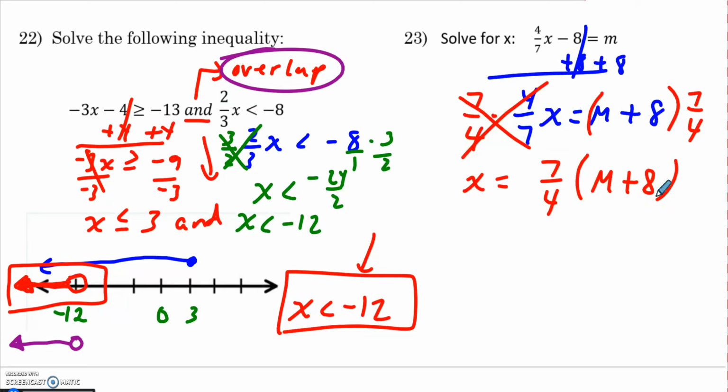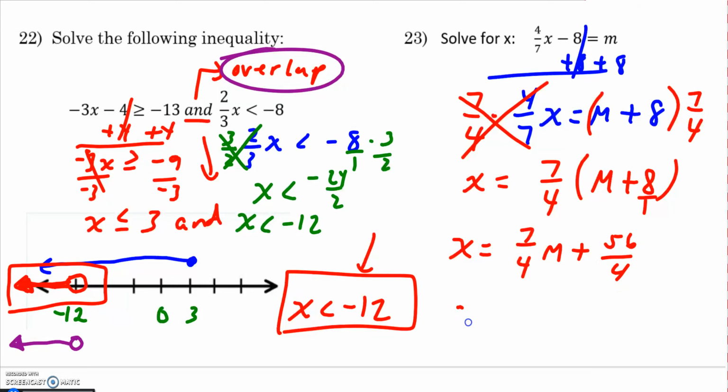Now, earlier in the year, I left the answer like this, but now that we've been through more of the course, I'm going to keep going, because this reminds me of writing equations of lines. So x equals 7/4 m plus 7 times 8, 56, over 4 times 1, 4. 56 divided by 4 does divide evenly.